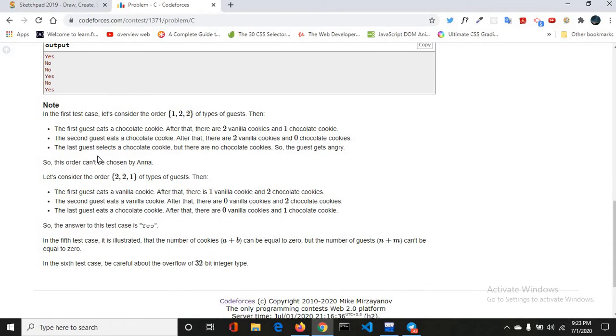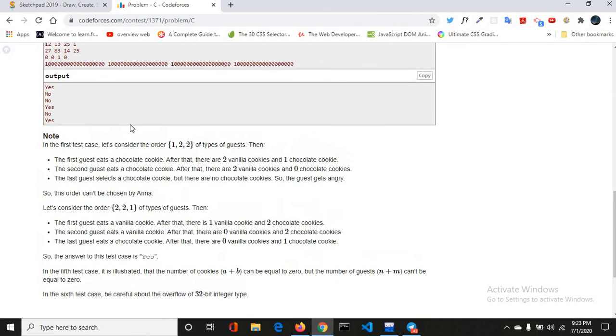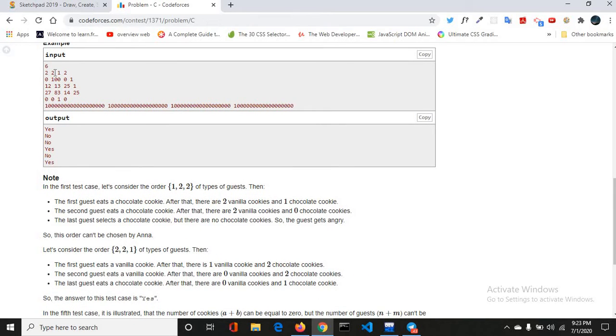So for the given test case, as you can see, if we order them 1 to 2, that is, if the first guest comes, now V is not strictly greater than C, so the first guest needs to select the chocolate cookie. So remaining chocolate cookies are now 1, and for the second guest, now V is greater than C, so the second guest will select the chocolate cookie as well.